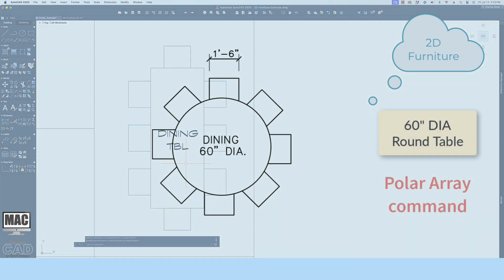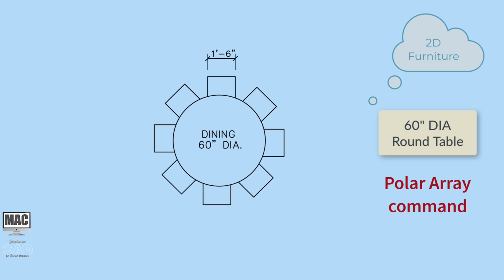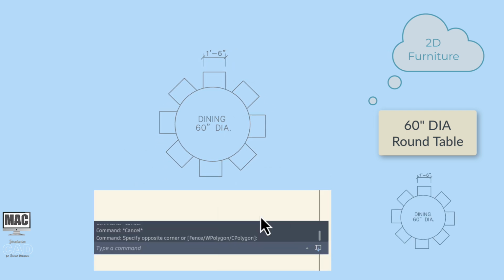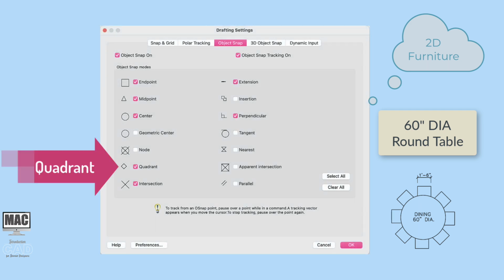In the next segment, we'll draft a 60-inch diameter round table with 8 dining room chairs, spaced equidistant around the table using the polar array command. Check the O-snap settings for this next exercise. Make sure center and quadrant along with the standard settings are both checked in the O-snap setting dialog.